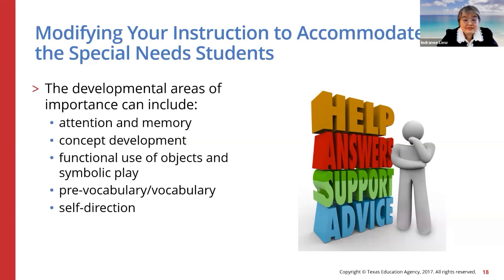Concept development. Sometimes the children have some difficulty. For example, you may teach them the life cycle of a seed, a plant. Then you teach them the life cycle of a chicken. Then the life cycle of, say, a cat.